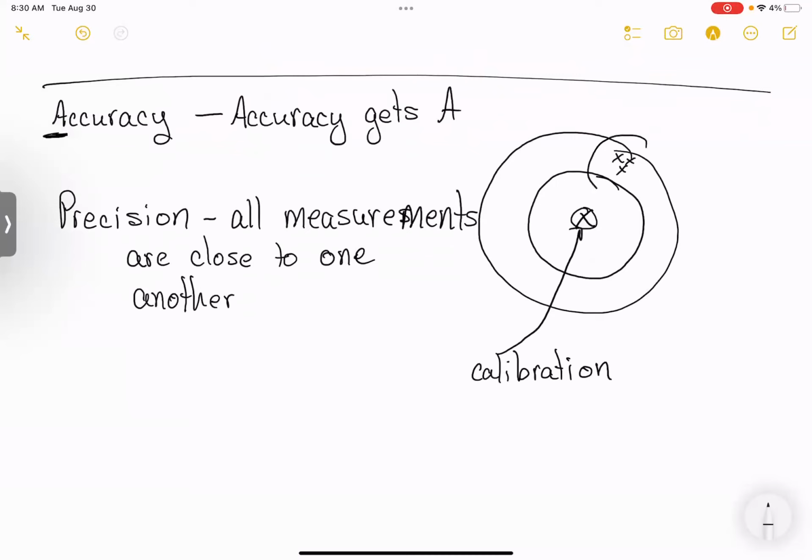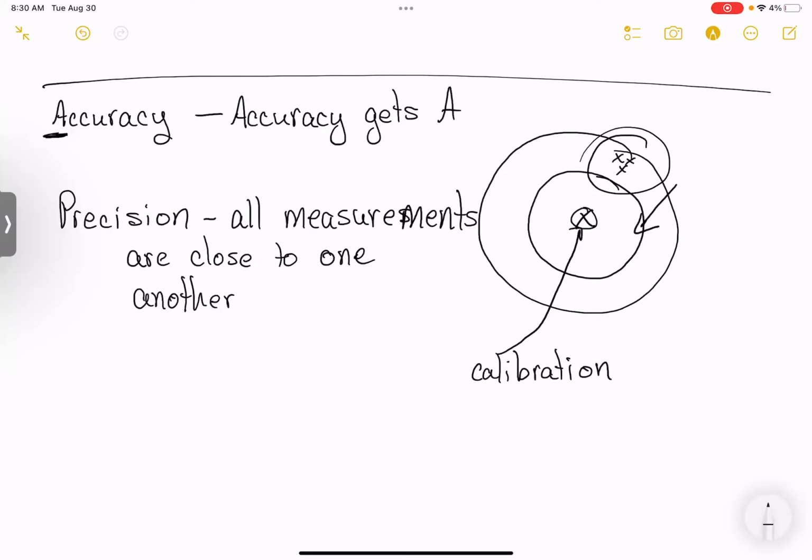But we can obtain precision fairly regularly. As long as you're performing the experiment correctly and looking at the device correctly, you should be able to get to precision. Now, we do have instruments that help us inch closer to the accuracy.